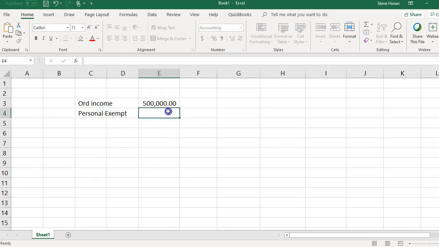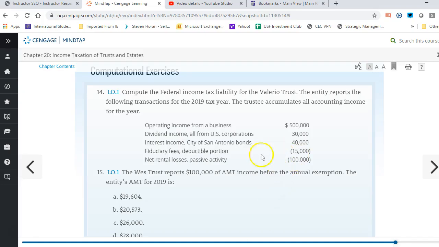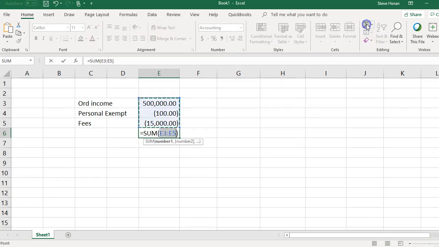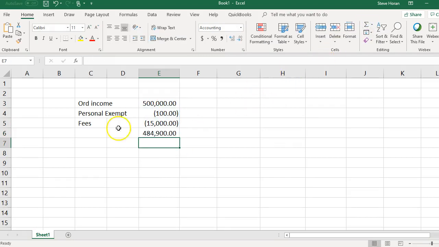You also have to back out the fees that they were charged to us right here. So the fiduciary fees go right here, and those are $15,000. And we sum those up and we get down to $484,900.